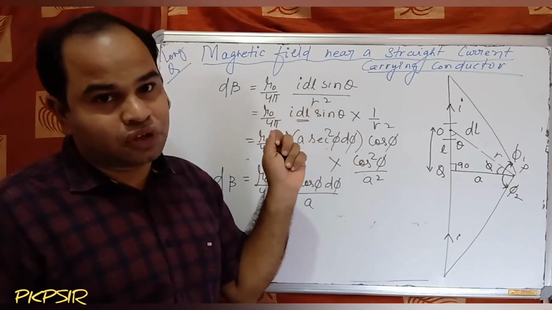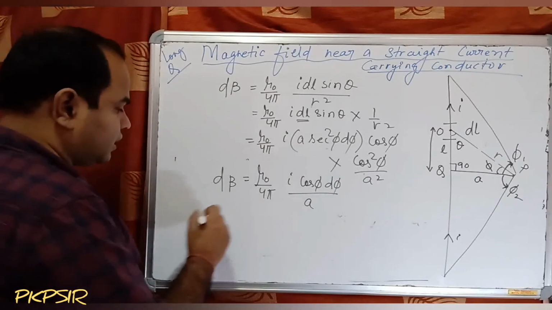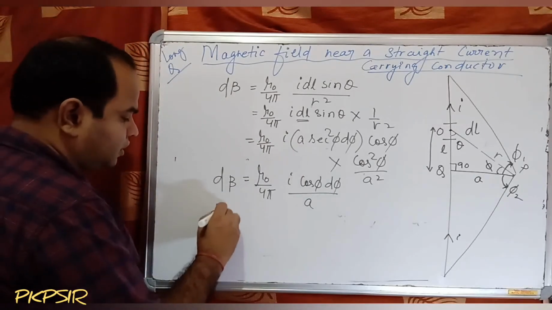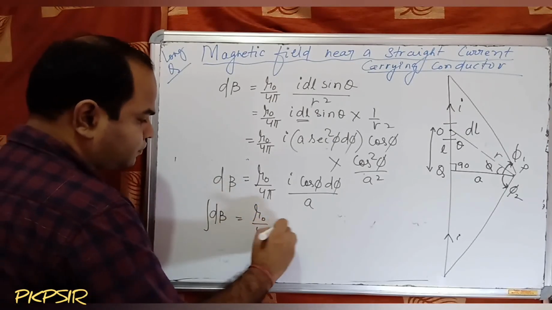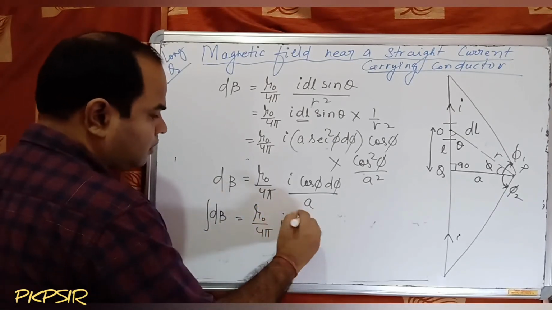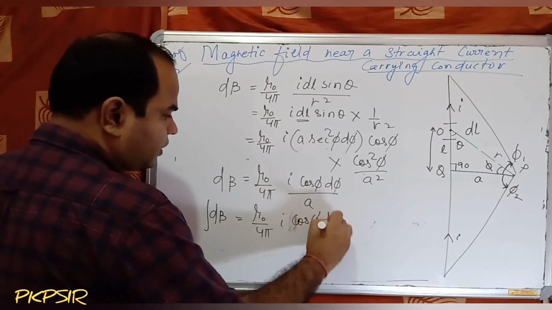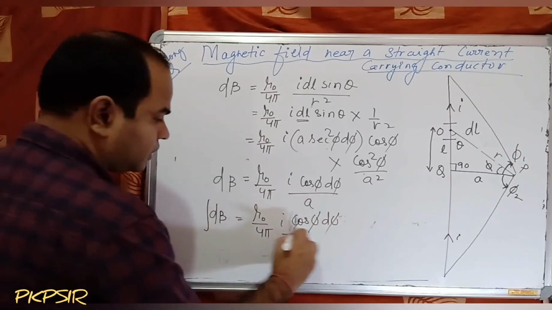So we put the value in. How will we integrate this? dB is equal to mu naught by 4 pi I cos phi d phi by a.